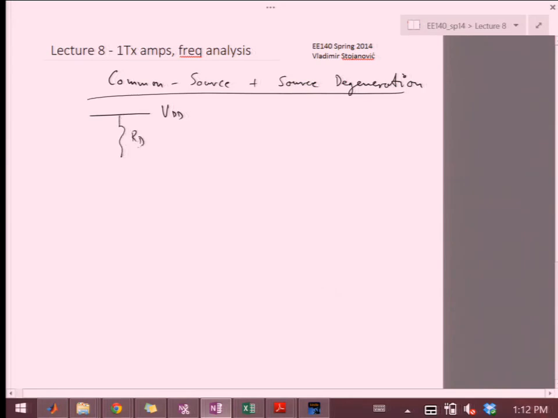A sketch of the circuit would be that you have a load both in the drain and source, and then you're applying some bias plus the small signal, and then you're taking the output from here.